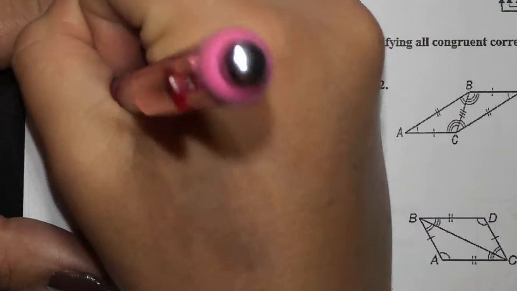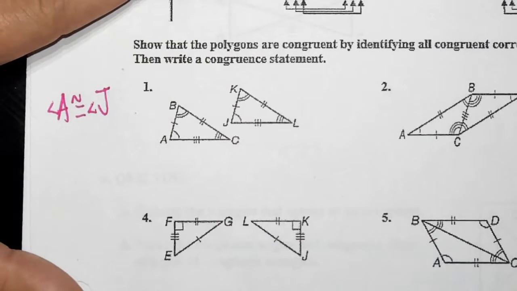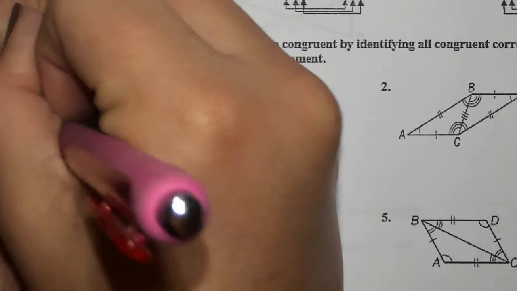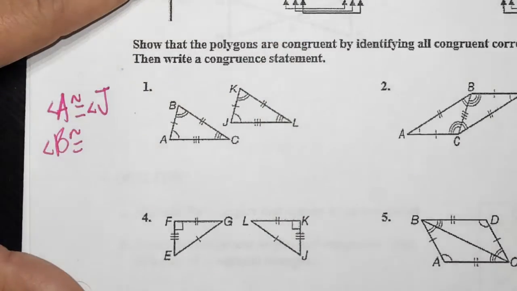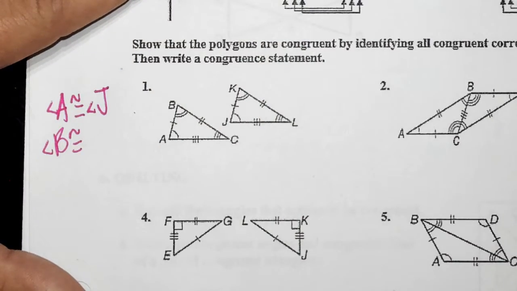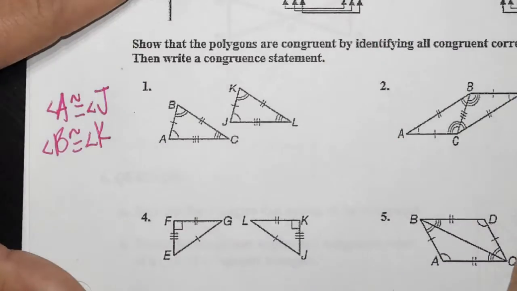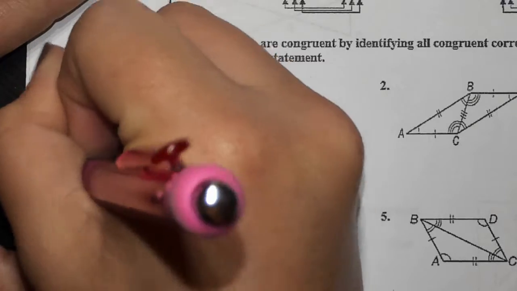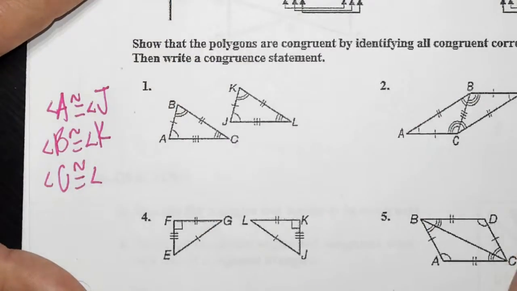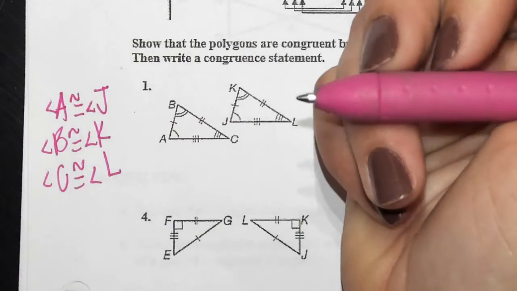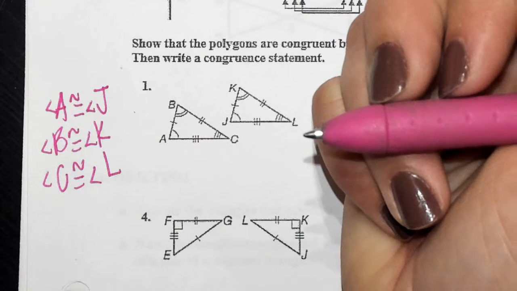Angle J. What's angle B congruent to? Because they both have two rainbows. Angle C is congruent to angle L. So those are just all three of the angles.